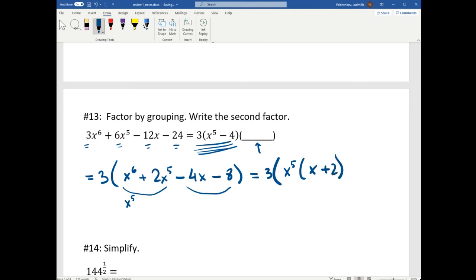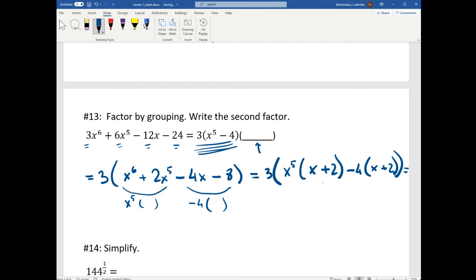So x plus 2. In the second group, we can factor out negative 4, and the rest is: negative 4x divided by negative 4 will be x. Negative 8 divided by negative 4 will be positive 2.